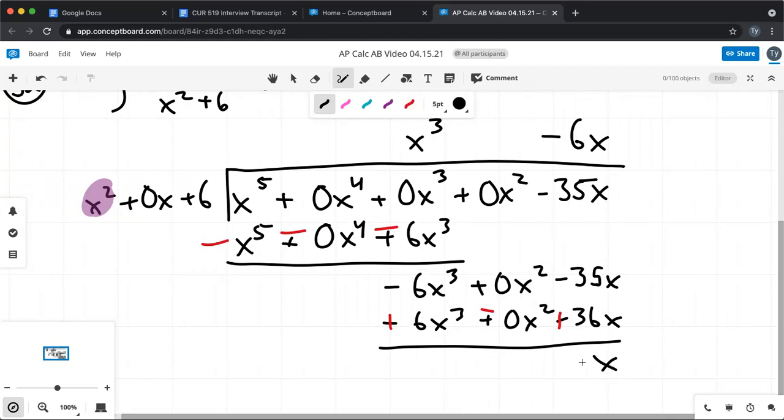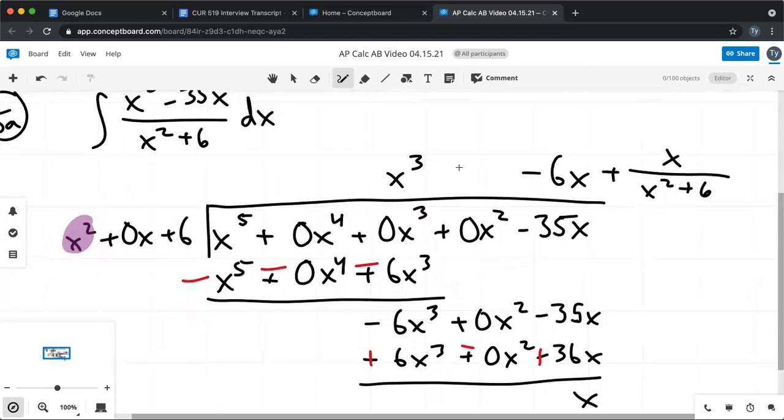So when you get to a point where the power of your remainder is less than the power of the leading term of the divisor, then you just write the remainder as remainder over divisor. This is the way for writing your remainder with polynomial long division.